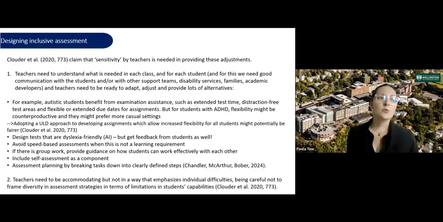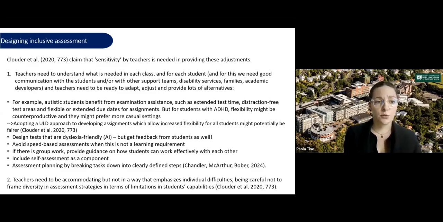So in that case, we need to be flexible, propose different alternatives, and adopting a universal design for learning approach to developing assignments can actually be more fair if you extend that to all students. So we might have rules in place that can apply to all students, like, for example, some more flexible deadlines or different room settings or different test settings that students can choose from.